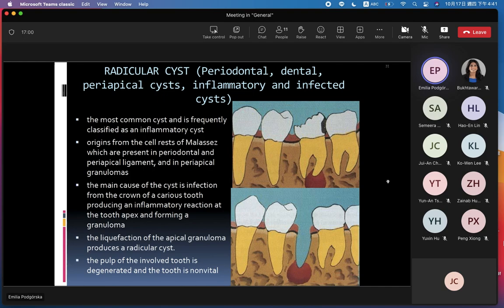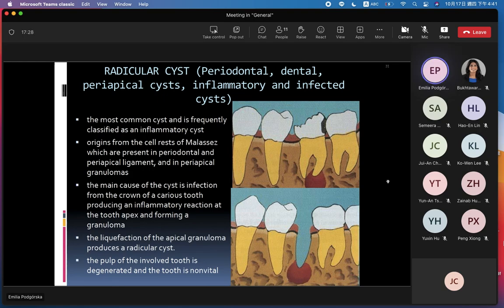It originates from the cell rests of Malassez, which are present in the periodontal and periapical ligament and in periapical granulomas. The main cause of the cyst is infection from the crown of a carious tooth, producing an inflammatory reaction at the tooth apex and forming a granuloma. The liquefaction of the apical granuloma produces a radicular cyst.